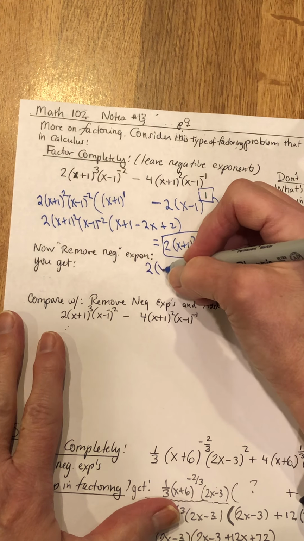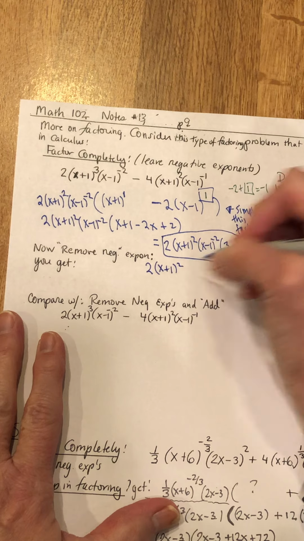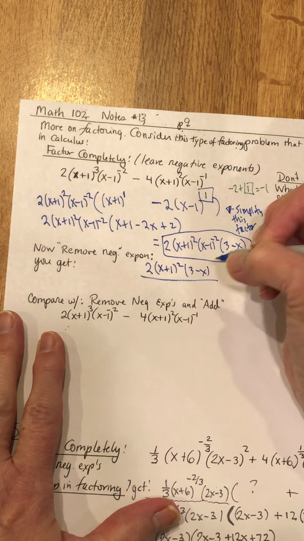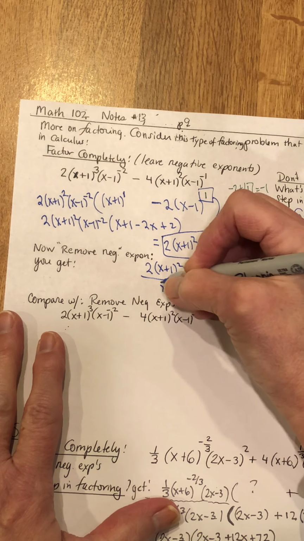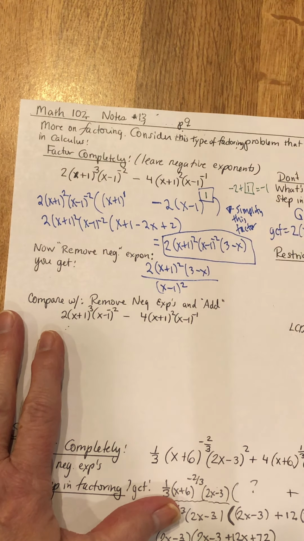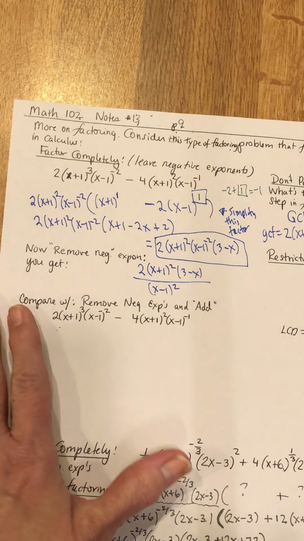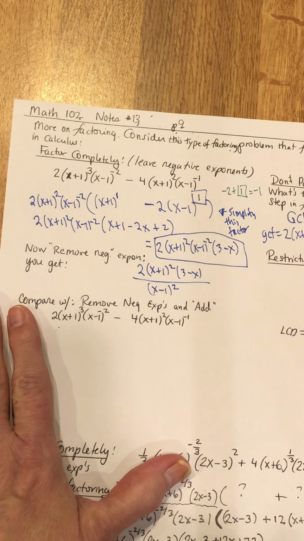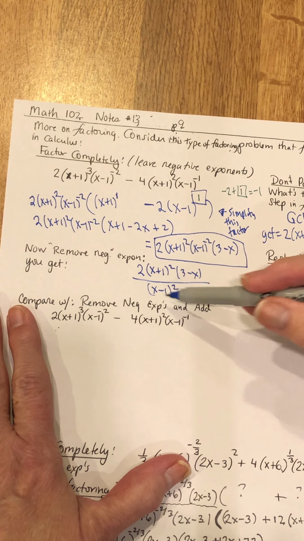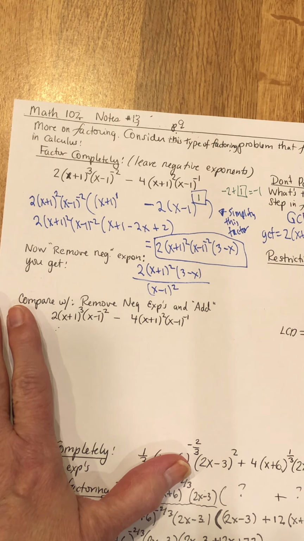So you can rewrite this as 2 times x plus 1 quantity squared times 3 minus x all over x minus 1 quantity squared. So you can send this factor to the denominator because it's all one term, and that's a factor of the term. And you realize, oh, there are restrictions because this factor is really in the denominator, so x cannot be 1.